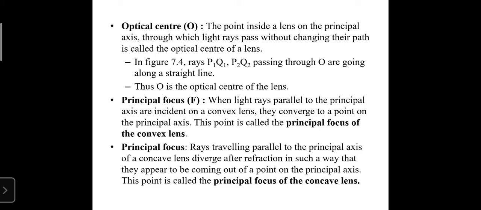Next definition is the principal focus of a concave lens. When rays traveling parallel to the principal axis of a concave lens diverge after refraction in such a way that they appear to be coming out of a point on the principal axis on the same side, this point is called the principal focus of the concave lens.